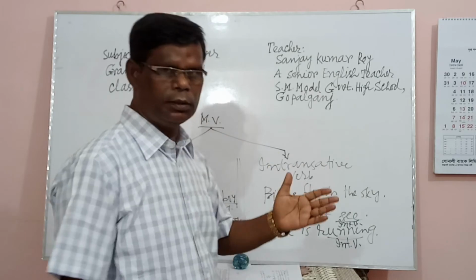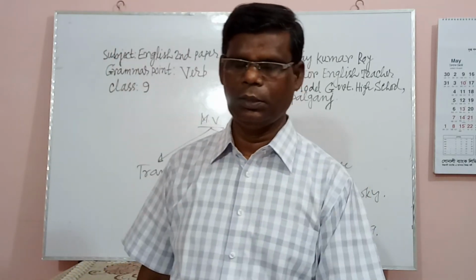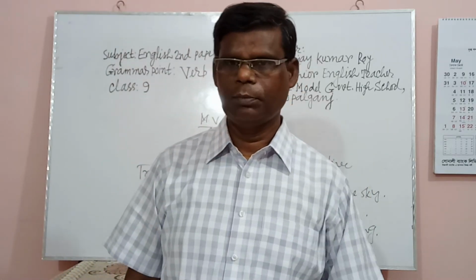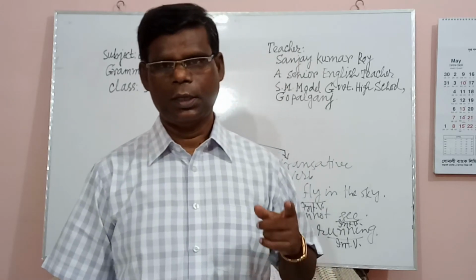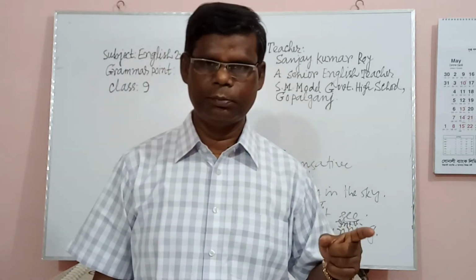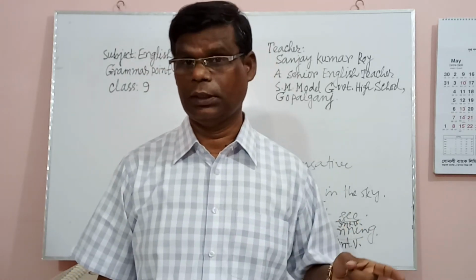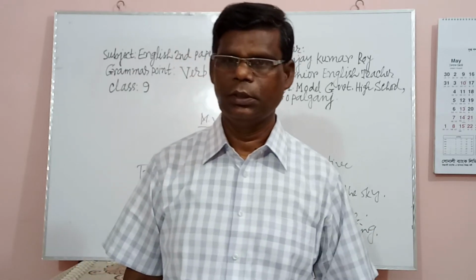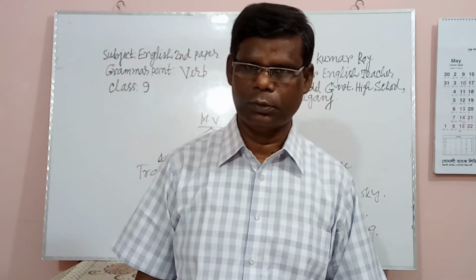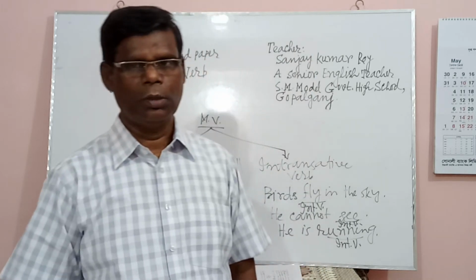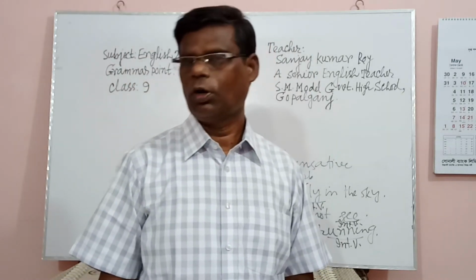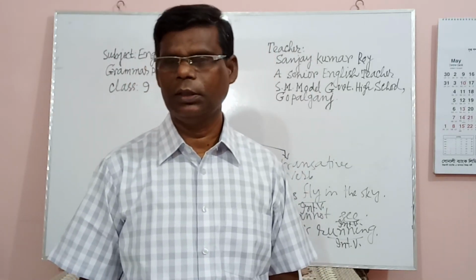Thus we find that main verb is of two kinds: transitive verb, intransitive verb. The verb which has an object or objects is called a transitive verb. The verb which has no object is called an intransitive verb.